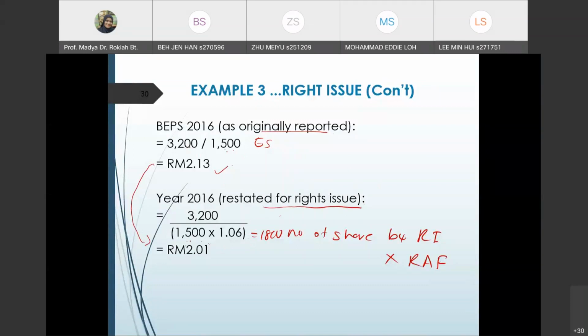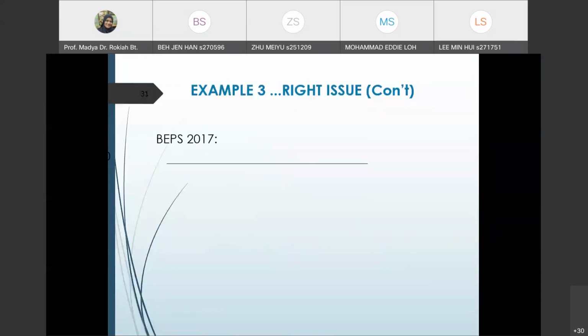For the year 2017, the rights issue was in 2017. The exercise is on 1st of May 2017. So this is the profit.